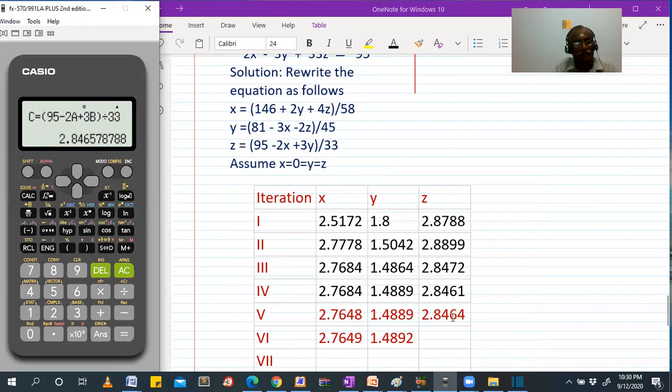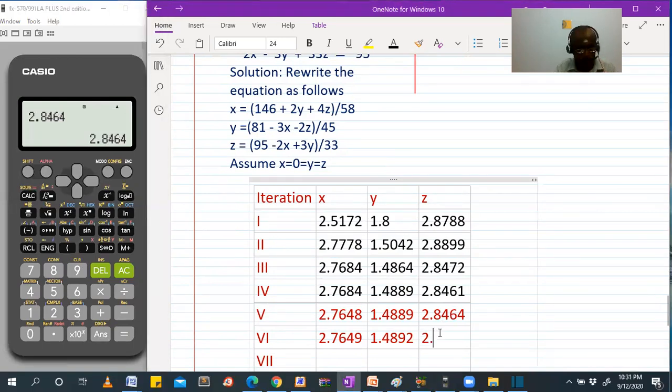C is 2.8464. So the system is converged. The solution is given by x equal to 2.7649, y equal to 1.4892, z equal to 2.8464.